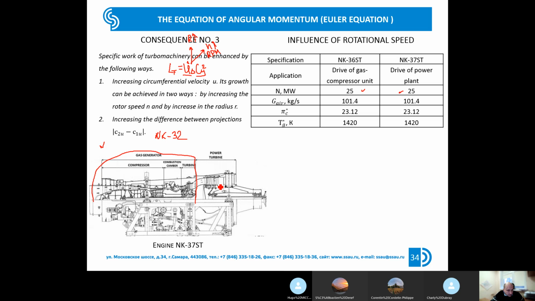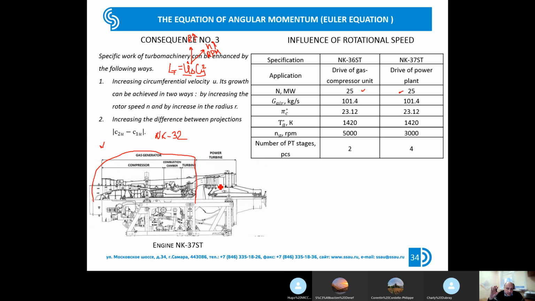The rotational speed of the power turbine is determined by the device which consumes the energy. For example, for the gas pumping unit, our typical rotational speed is 5,600 rotations per minute.